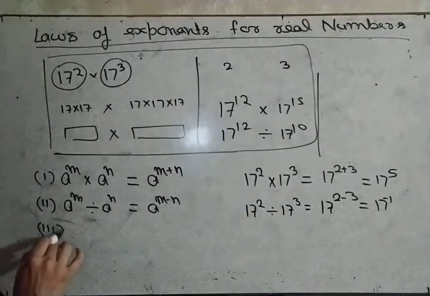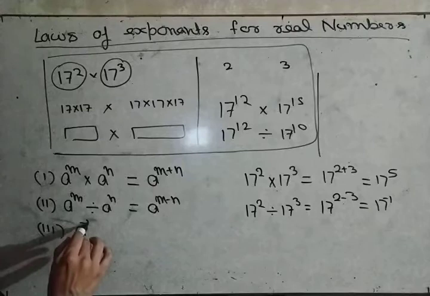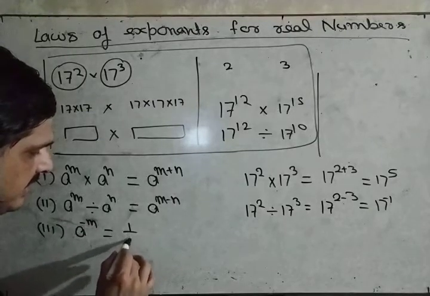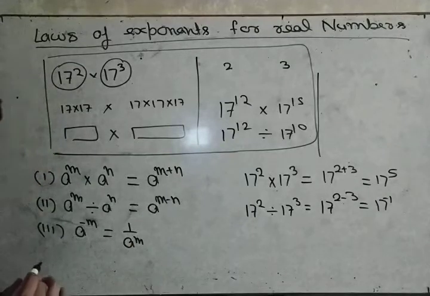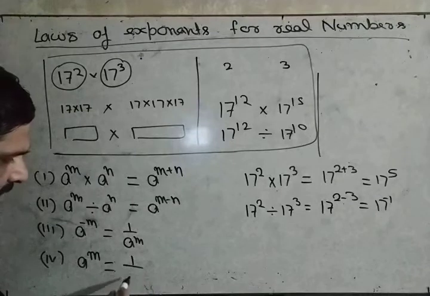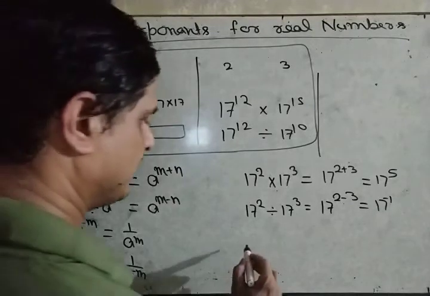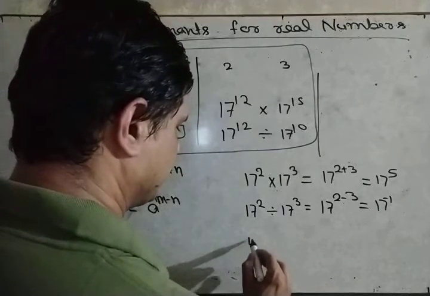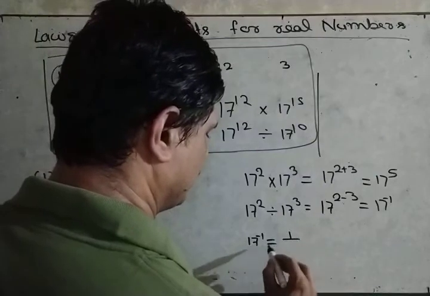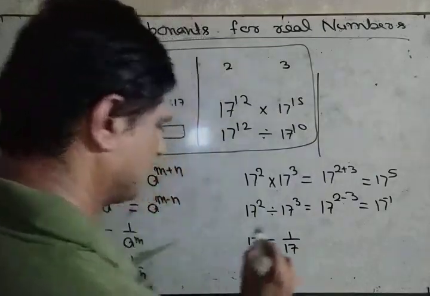Third, a raised to the power minus m is equal to 1 by a to the power m. If you are given like this, you have to write it this way, because this minus power will be converted into positive power.